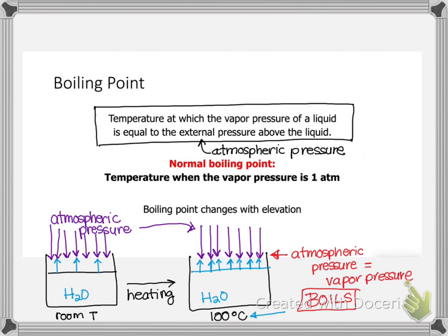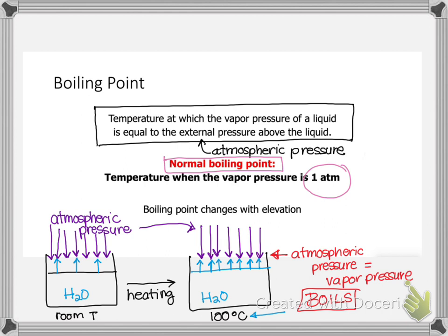Now this 100 degrees is a little bit of false advertising because it really needs something more specific. 100 degrees is here in the middle. This is something called the normal boiling point for water, and that is when the atmospheric pressure or the vapor pressure is 1 atmosphere.